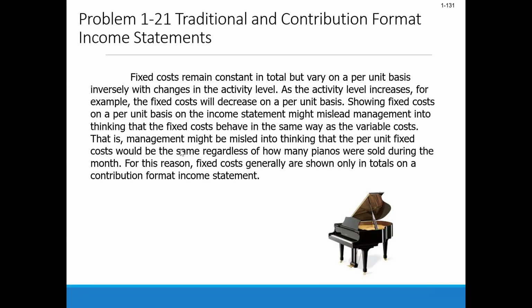The fixed costs are going to be there no matter what. Management might be misled into thinking that the per unit fixed cost would be the same regardless of how many pianos are sold. For this reason, fixed costs generally are shown only in totals on a contribution format income statement, meaning that in the contribution statement, the variable costs are shown up top to lead to the contribution margin. Okay?